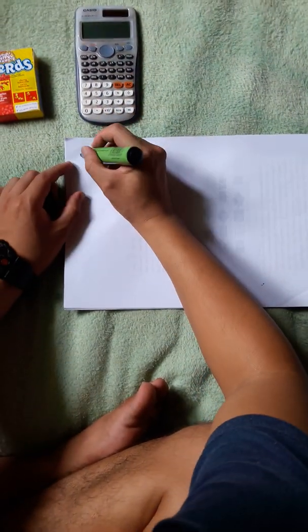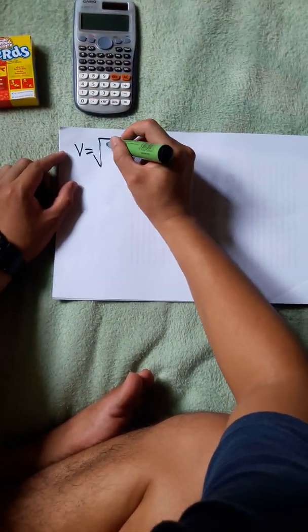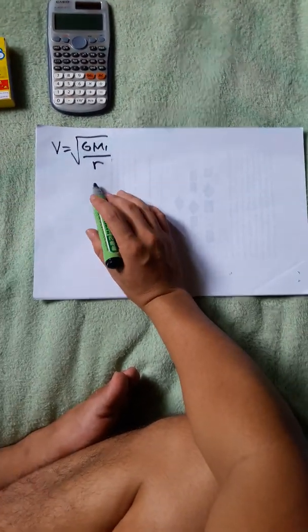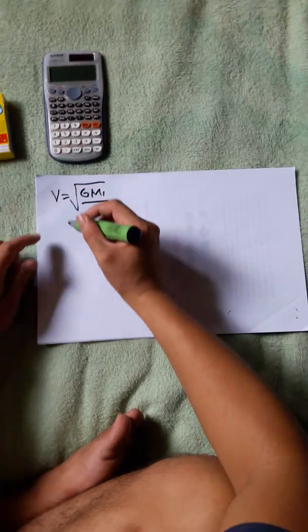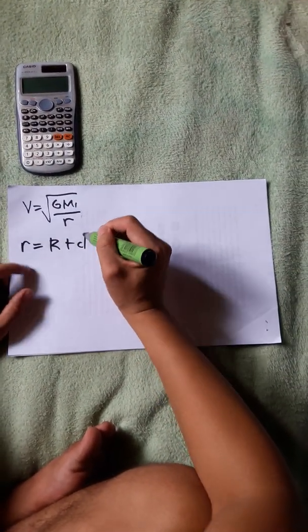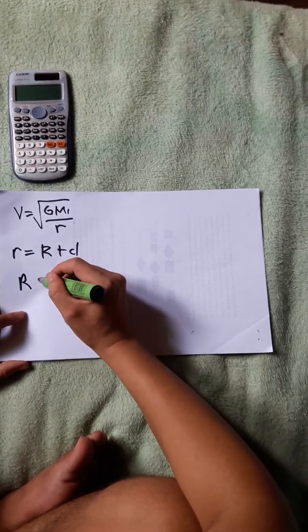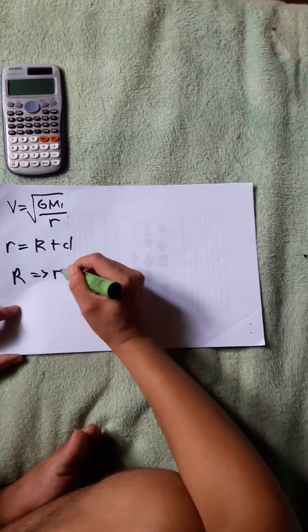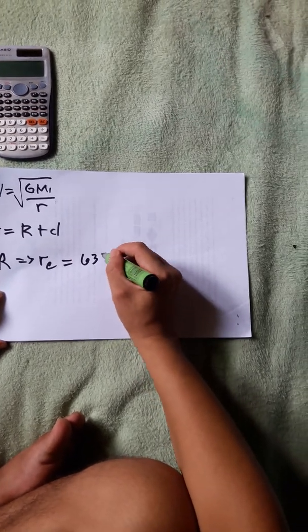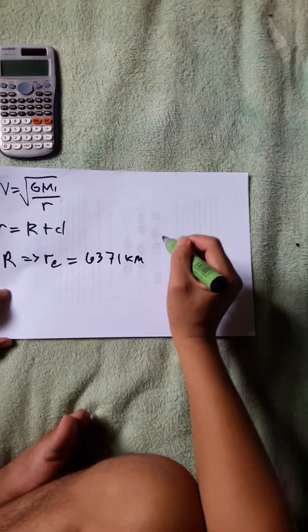So this equation, R here means two things, which is R is equal to R plus D, where R is equal to the radius of the Earth, which is equal to 6371 kilometers.